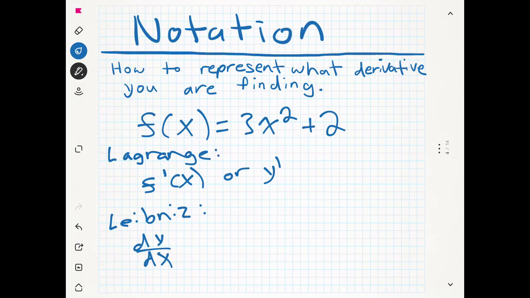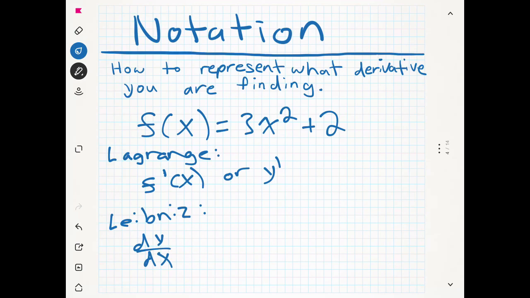So let's talk about how we can find the second derivative. I don't just want to find the derivative, I want to find the second derivative, and I want to know how to represent that mathematically.